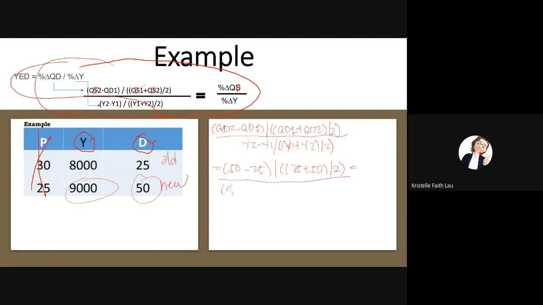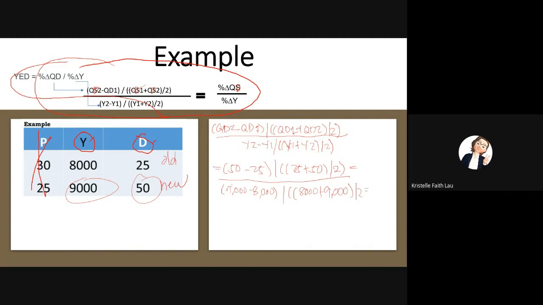So, 9,000 minus 8,000, divided by the old income, 8,000, plus 9,000 the new income, and divided by 2.